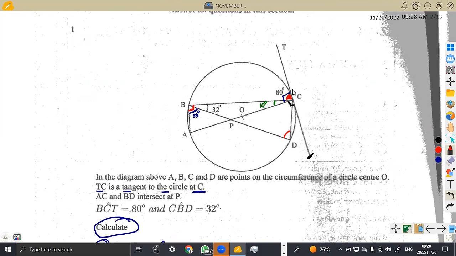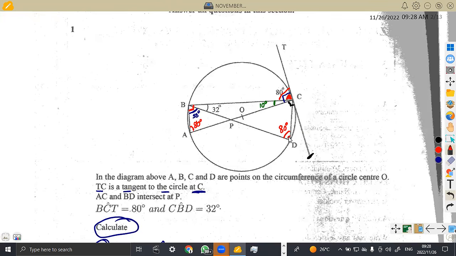If we cross-check the tangent concept, remember we've got a tangent TC, and BC is a chord. We remember that the angle between a tangent and a chord is equal to the angle in the alternate segment. So if the angle we are given here is 80 degrees, this angle from the chord BC at D is also 80 degrees. If you hold BC to the circumference of the circle, we can have an angle at A which is also 80 degrees.